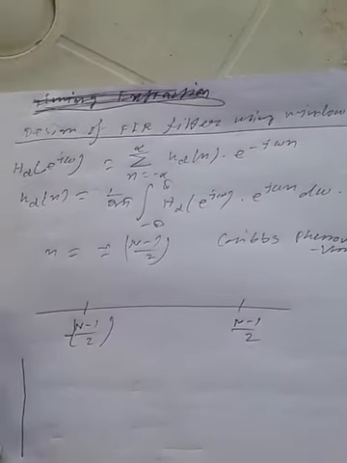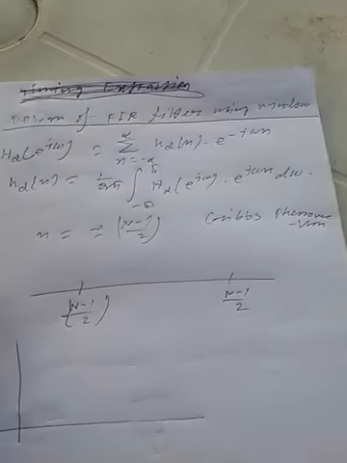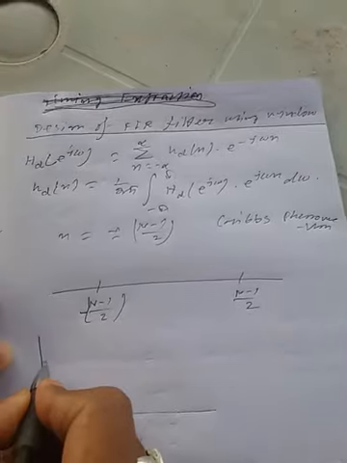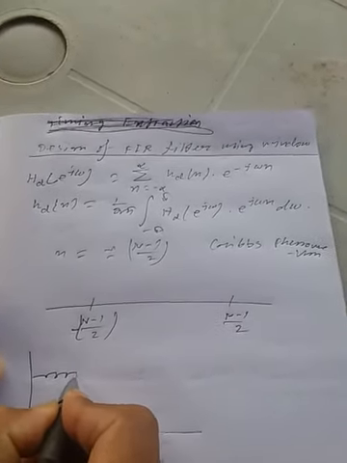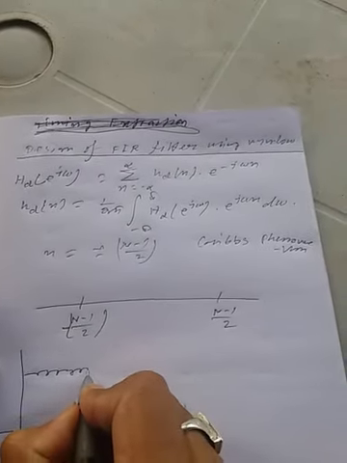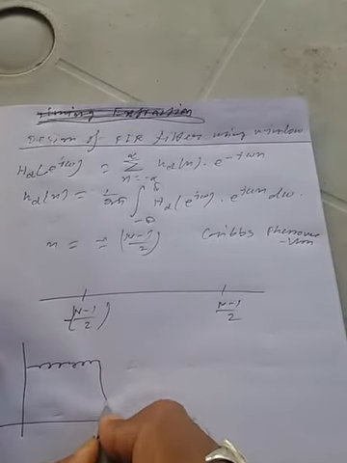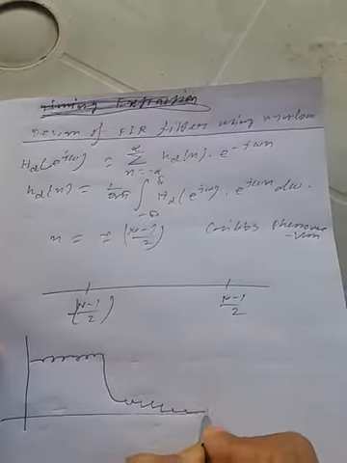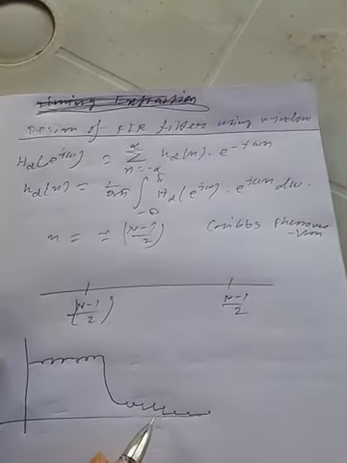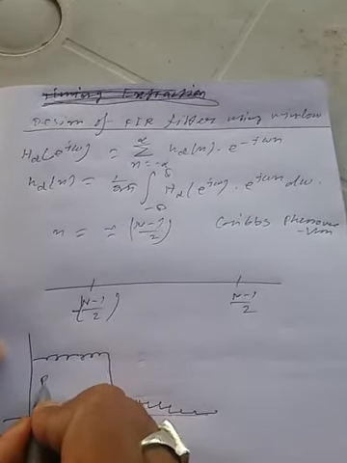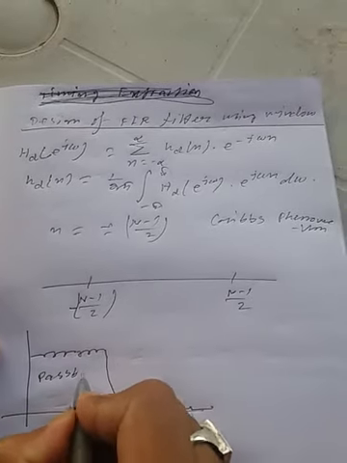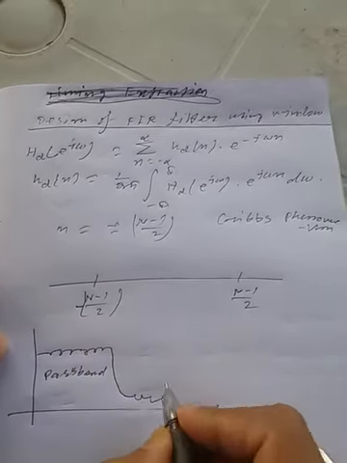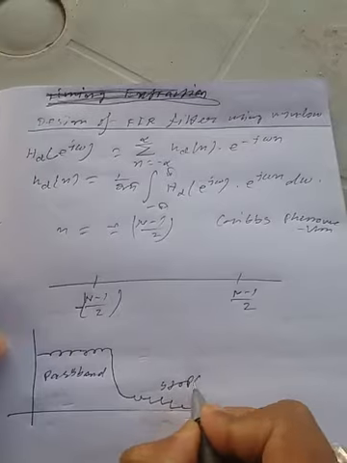Suppose we are interested in designing a low pass filter, then there will be some oscillation like this in the passband and stopband also. So this is the passband and this is the stopband.